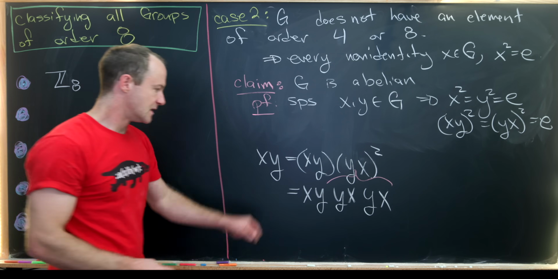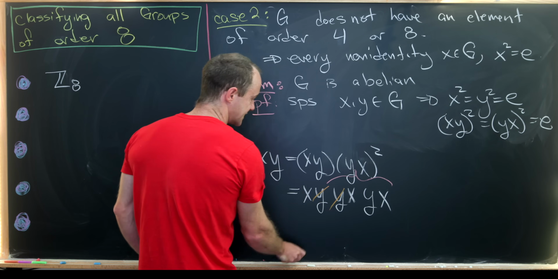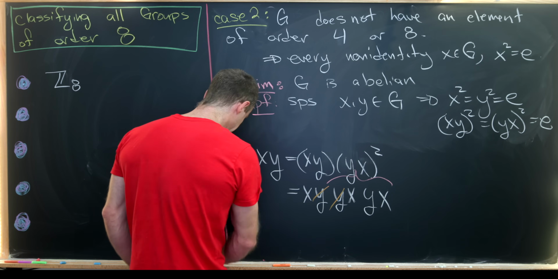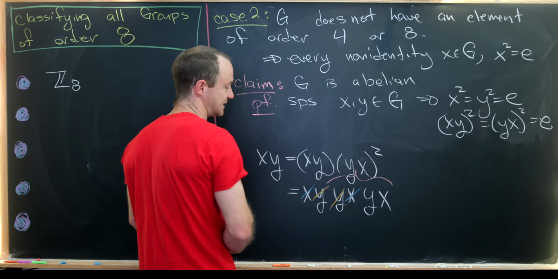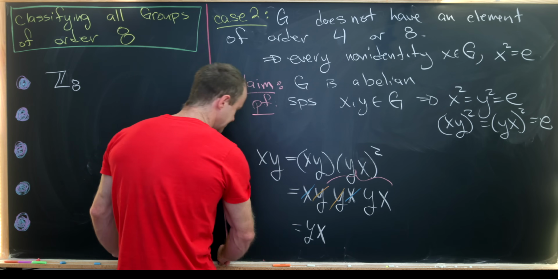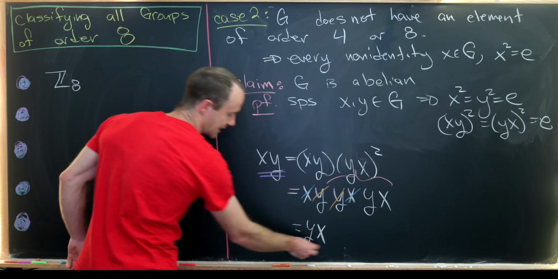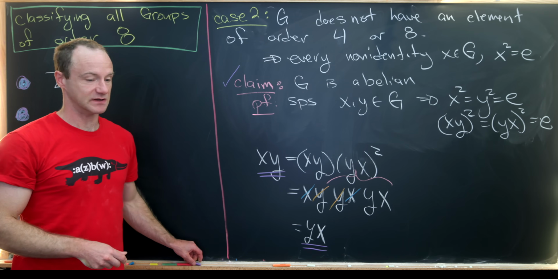Notice that this y will cancel with this y because y squared is the identity. Then we'll have x times x, but the x will cancel with the x because x squared is the identity, leaving us with yx. So we started with xy and we got yx, which means we've proven this claim that G is abelian.